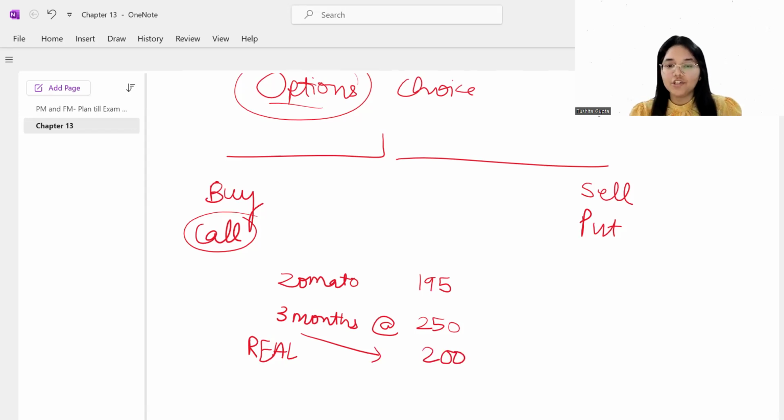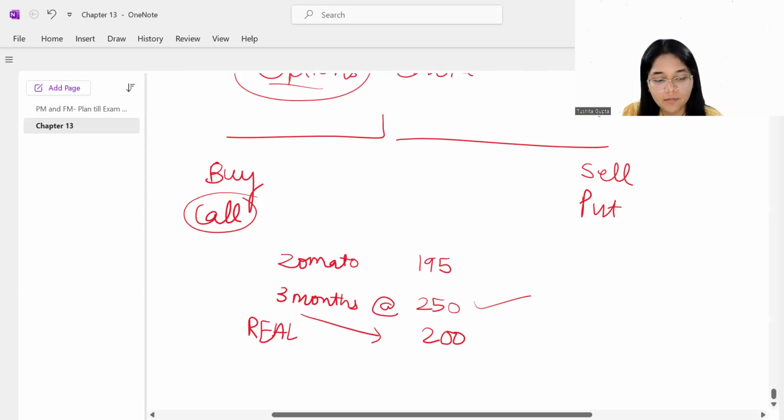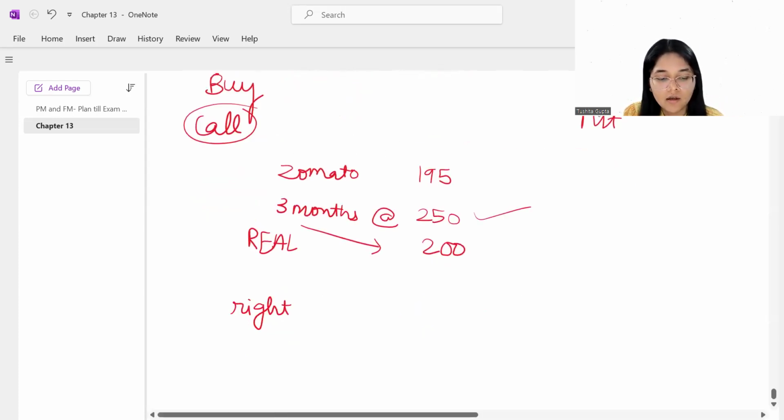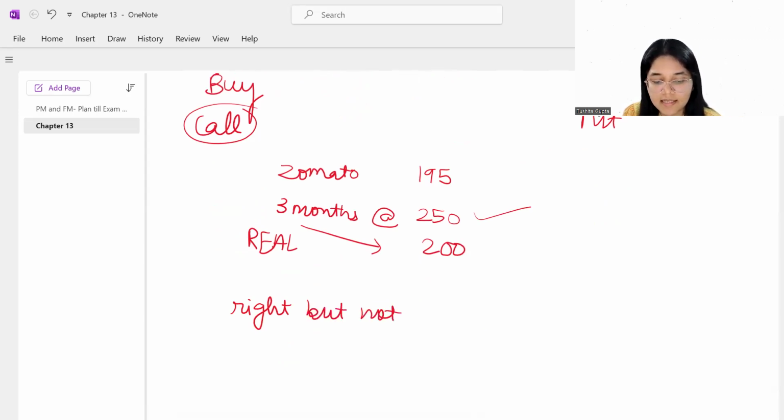So do you think I should be buying at the rate of 250 when in the market I can actually buy for less? No, right? So options give you that flexibility. You have a right, but not the obligation to buy. It's very important terminology. It is totally up to you whether or not you want to exercise your right.